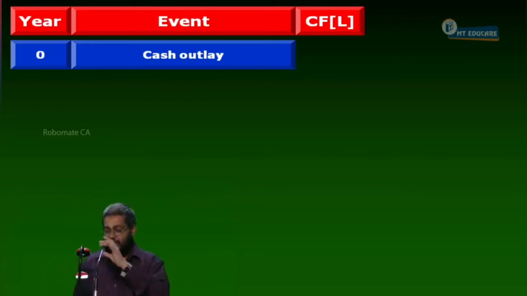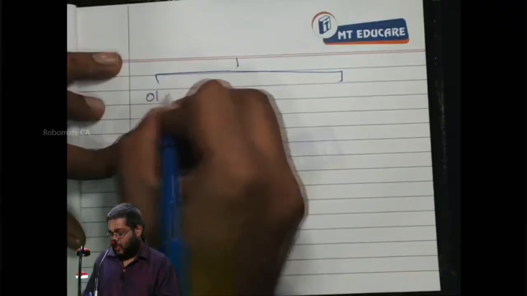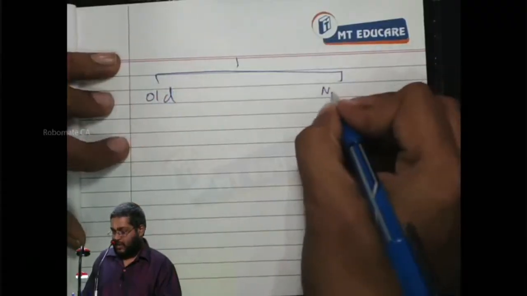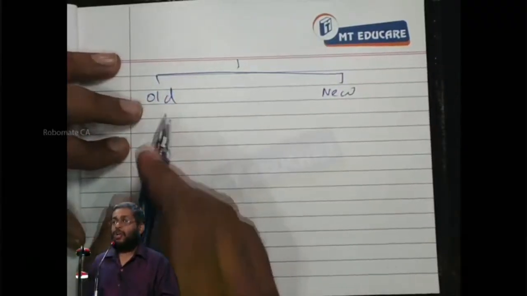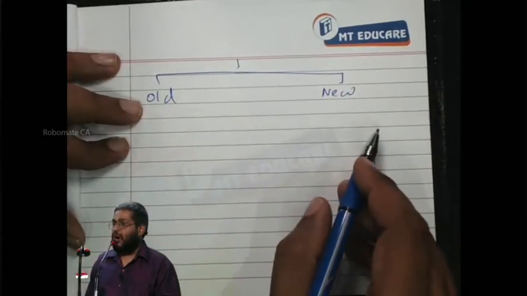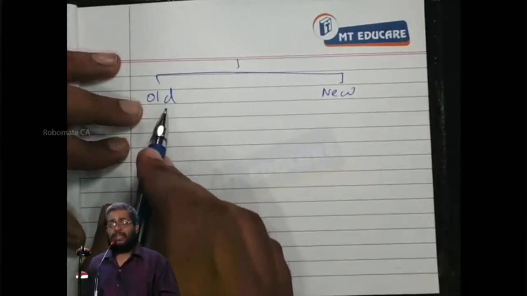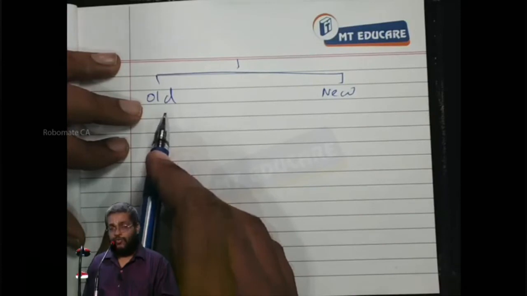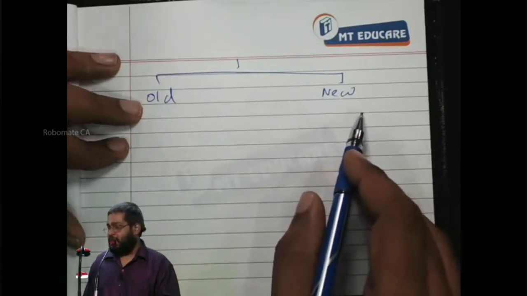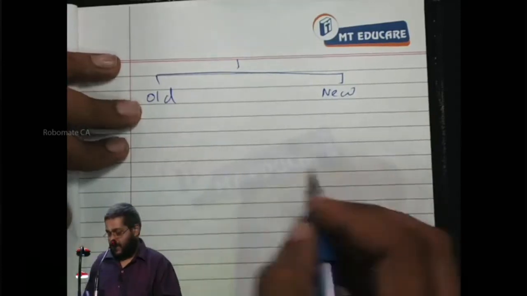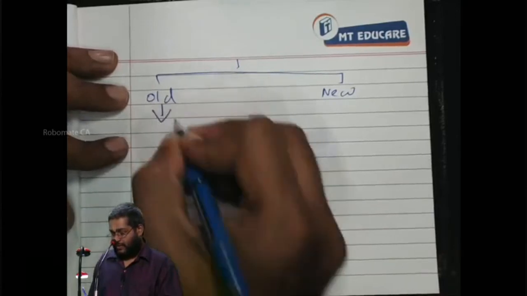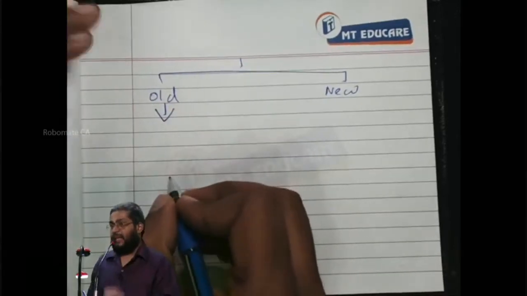Now, initial outlay. Tell me two things I am going to do. One is the old bond, another is the new bond. This is going to be redeemed and this is going to be issued. Redemption results in inflow or outflow? Outflow. And new bond issue results in inflow. Now, tell me the outflow here. First, I have to redeem the old bond.